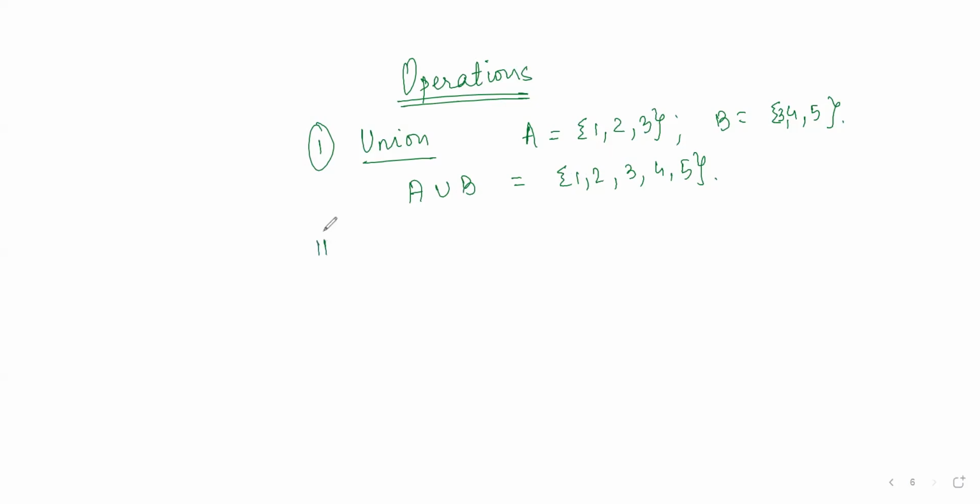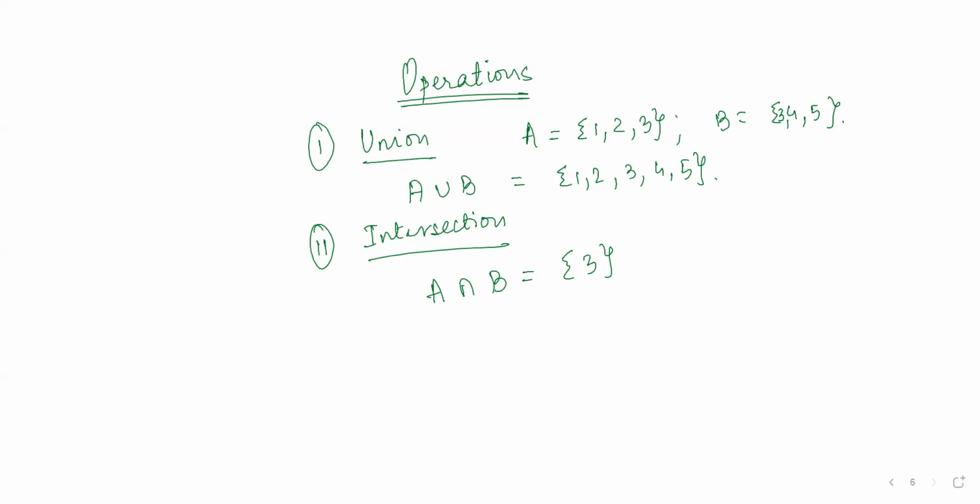Okay, second operation that I want to talk about is intersection. Same example, A is 1 2 3, B is 3 4 5. A intersection B is the element 3. इसका ये मतलब है that I will consider only those elements that are common to the sets under consideration.